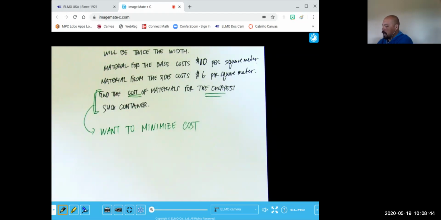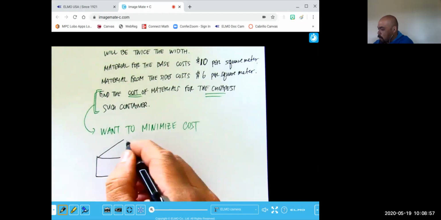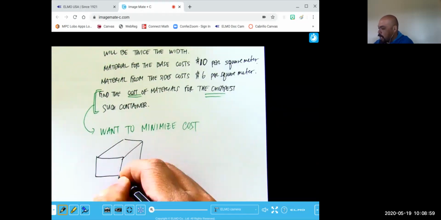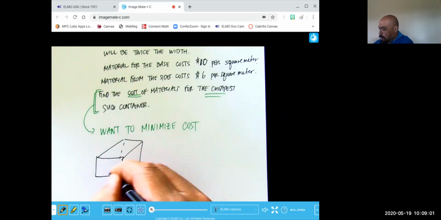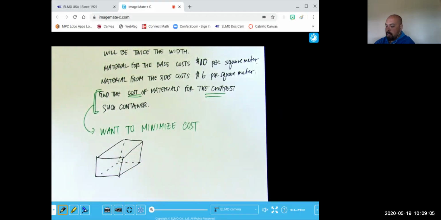So what we see is we're not worried about necessarily the construction of it. We're not cutting any corners out like we did in our example yesterday, but we're just thinking we have this rectangular container, no lid, that we have a certain cost for the base.